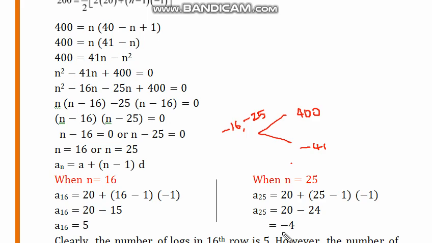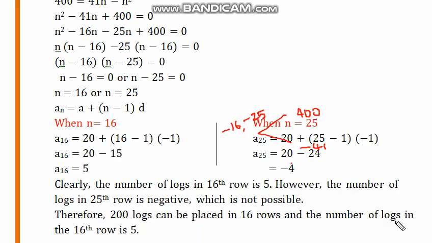So the negative value will not be considered here, because they are given logs; it should not be negative. So the number of rows will be 16, and the last row consists of only 5 logs.